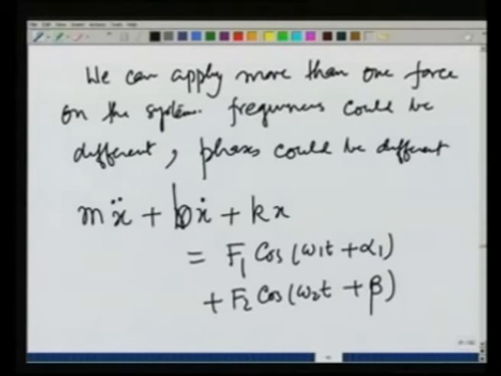So, there are two different phases, alpha and beta, two different forces. What would be the general motion? Recall that this is a linear equation, and therefore, principle of superposition holds.